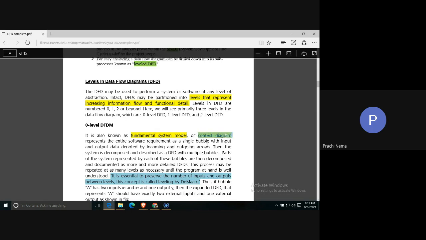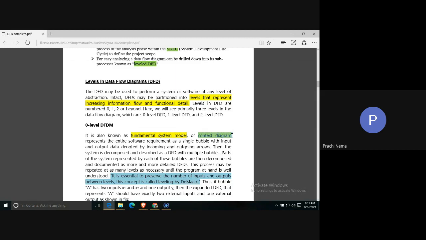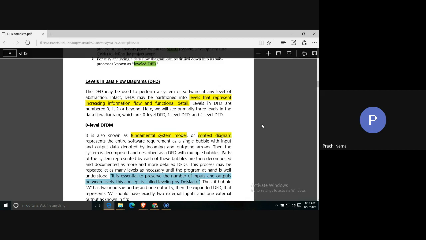Out of these two, this is important. If it is asked to draw a context diagram for your project or any system, you need to draw the zero level DFD. Remember this, context diagram means zero level DFD.